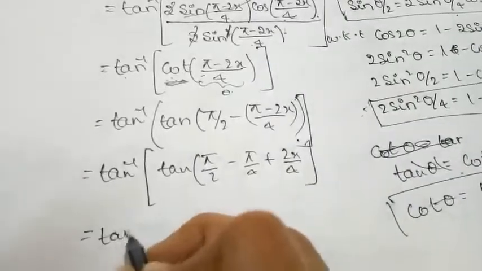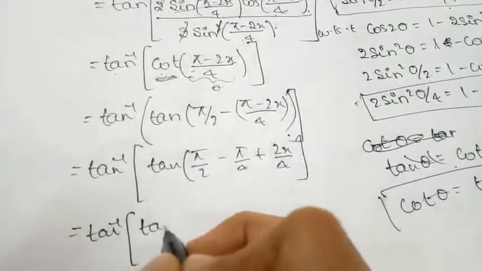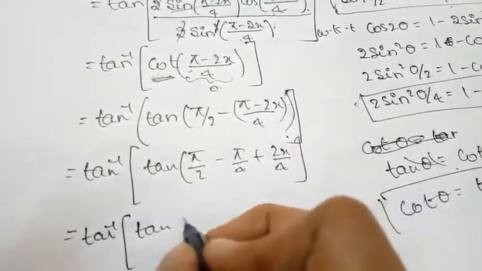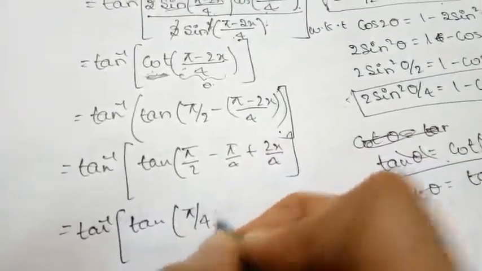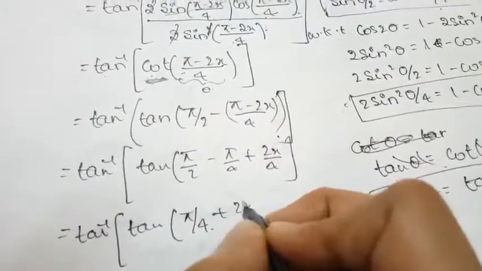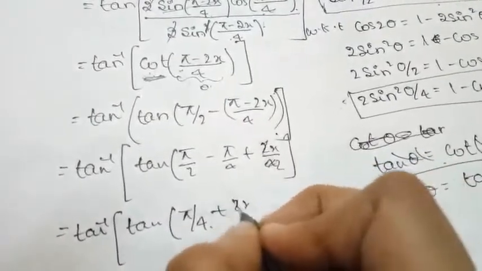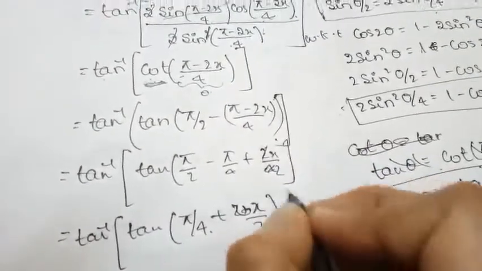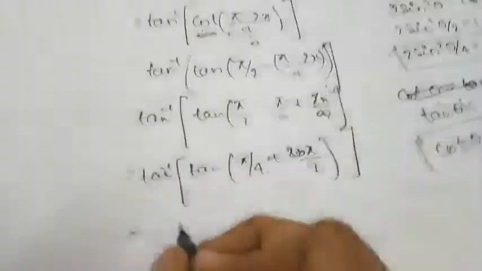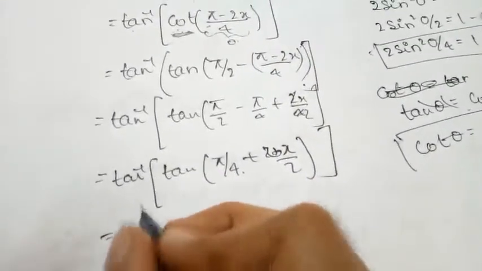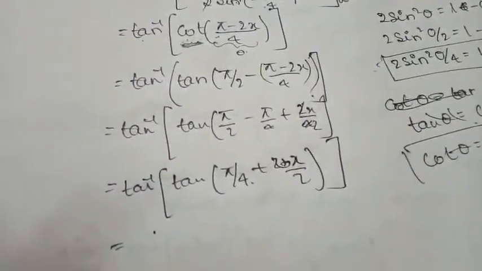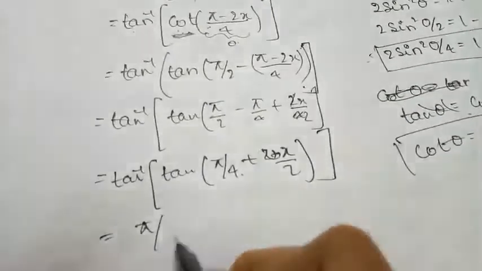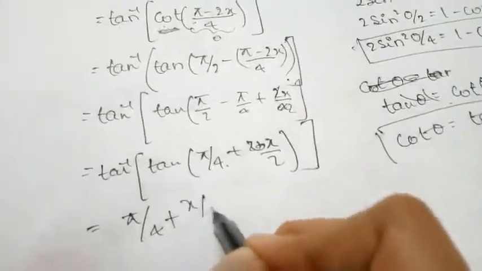That is nothing but tan inverse of tan of (pi by 4 plus 2x by 4). 2 1s are 2, 2 2s are 4, so x by 2. So tan inverse of tan x is x itself. So that is nothing but pi by 4 plus x by 2.